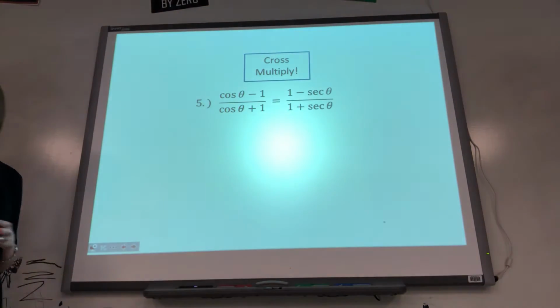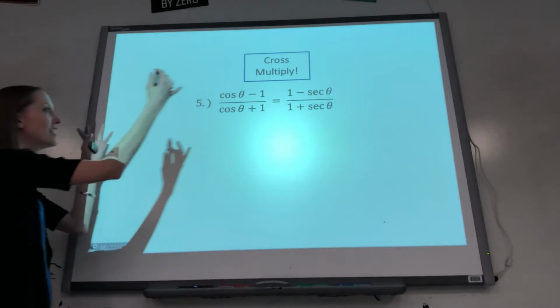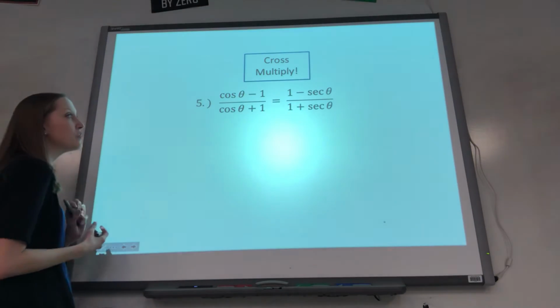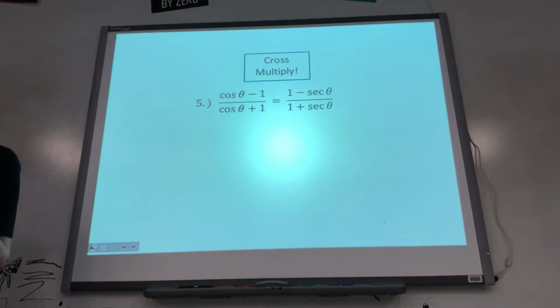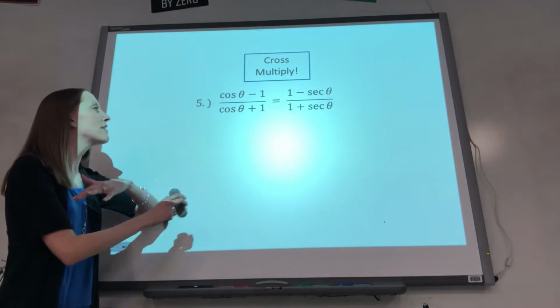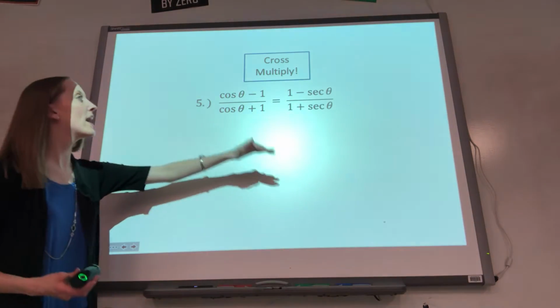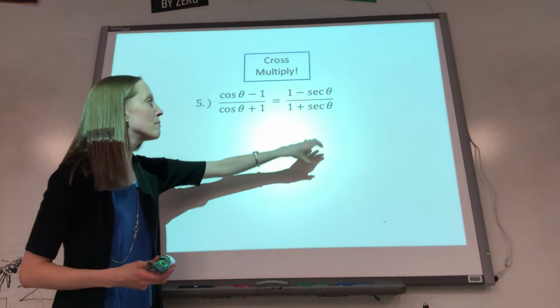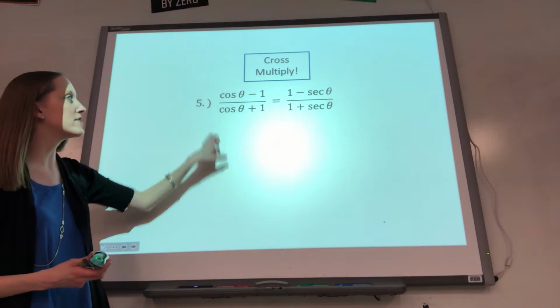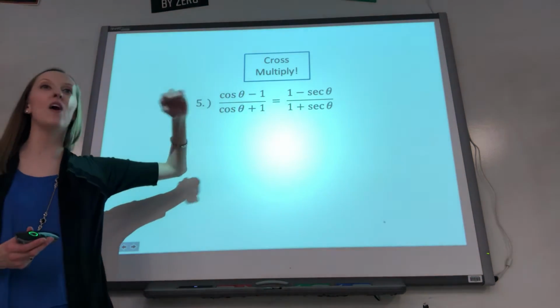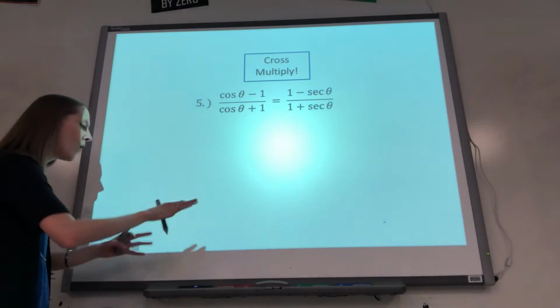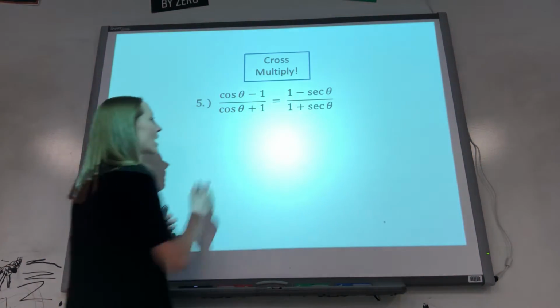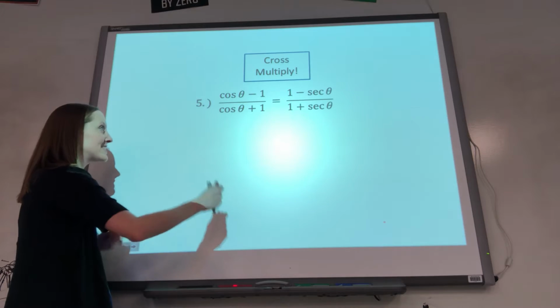And this is gonna get a little hairy because we have trig functions, but we're gonna do it the same way. I wanna go ahead and tell you too, this is absolutely the only time where we won't keep the right and work on the left. If it's a proportion, this is the only exception to that rule. Only time we won't keep the right and just work on the left.